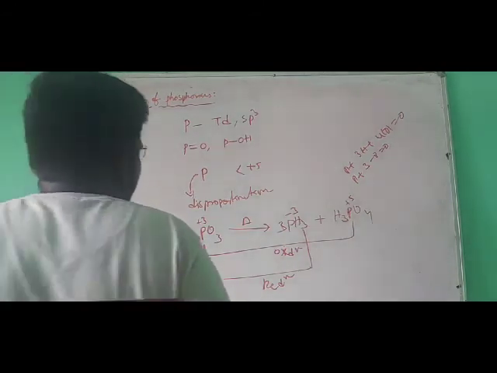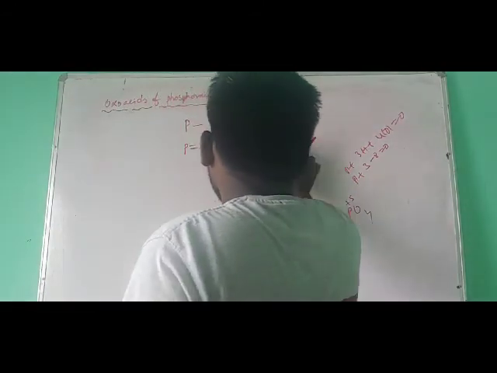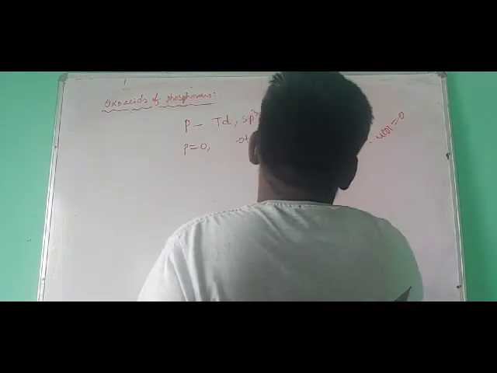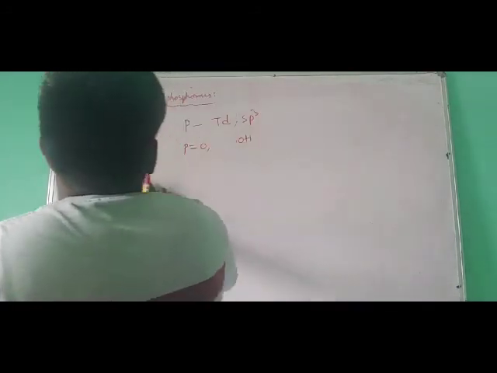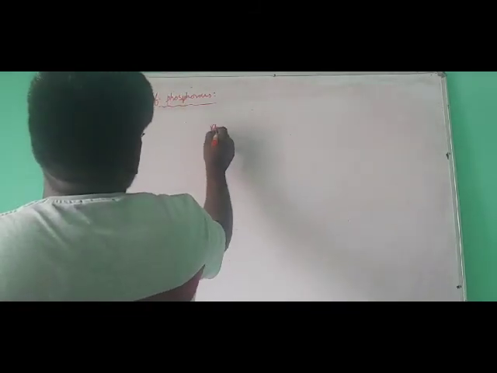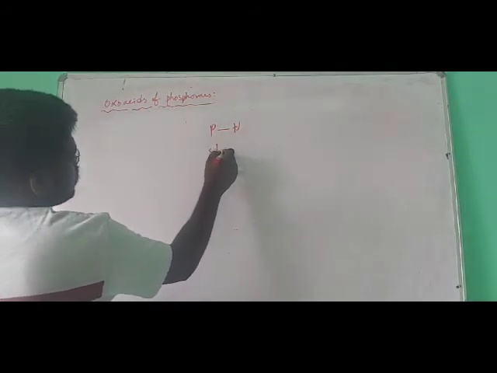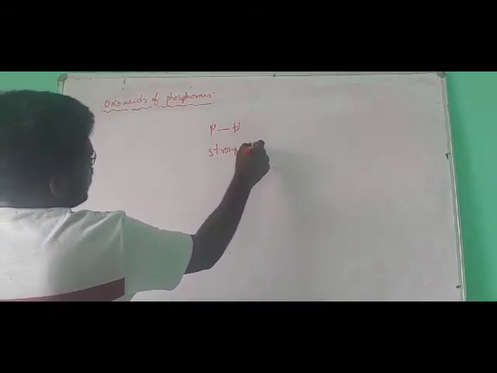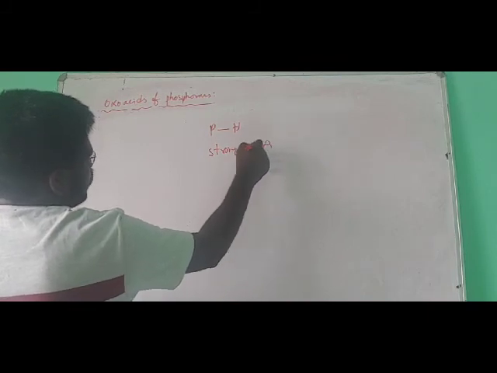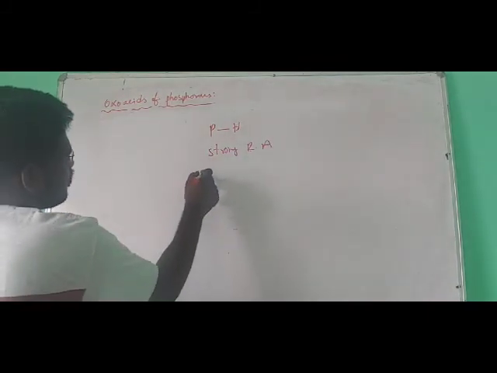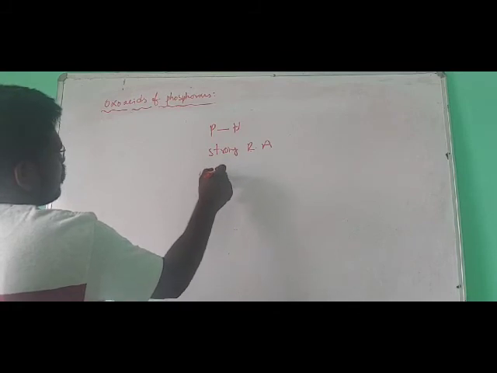Okay guys, and the next one, in a given oxo acid of phosphorus, if we have PH bonds, then that acid acts as a strong reducing agent. Example, H3PO2.